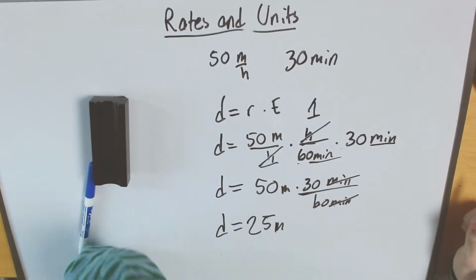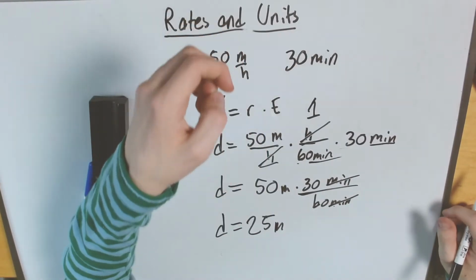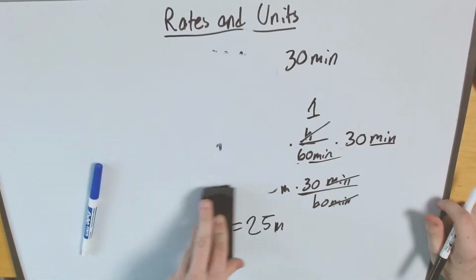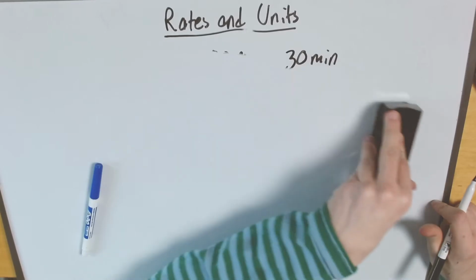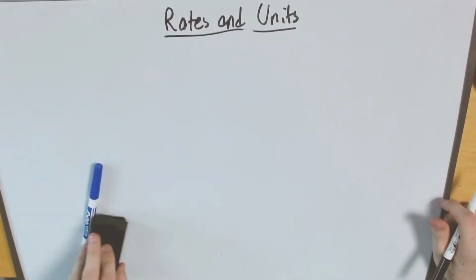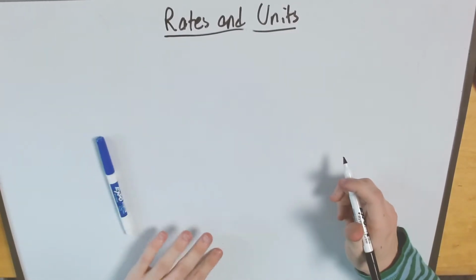So the real name of the game is canceling. How can I cancel units? And this is where you'll really see a ton of this in a whole variety of problems.